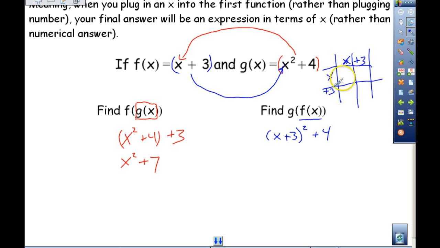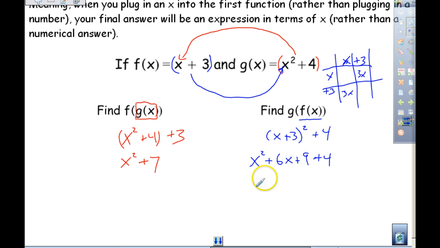Okay, all you have to do is write it out, and you can see, you get 3x here, 3x here, which altogether makes 6x. So we have here x squared plus 6x plus 9, and then bring down the plus 4.